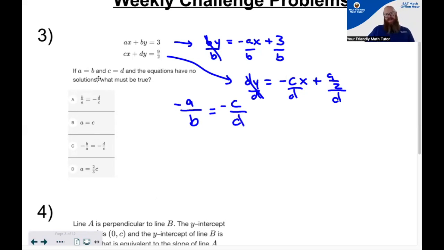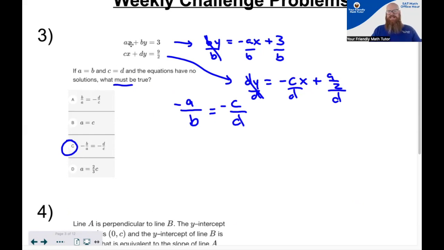The fact that A equals B and C equals D, I don't really know. I think they just told us that to kind of confuse us because this has to be true. So it says what must be true. And if this is true, we could flip each one. You're allowed to flip each side, which would lead to C, right? Negative B over A equals negative D over C. Because if you take the reciprocal of each side, that is mathematically equivalent.